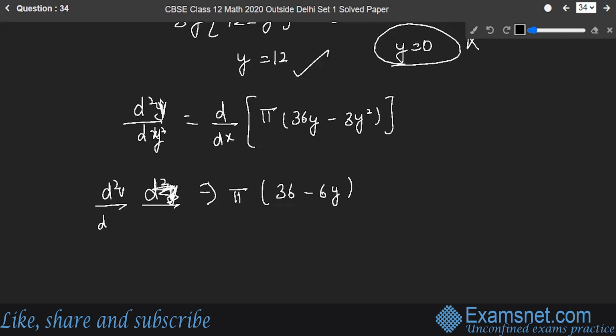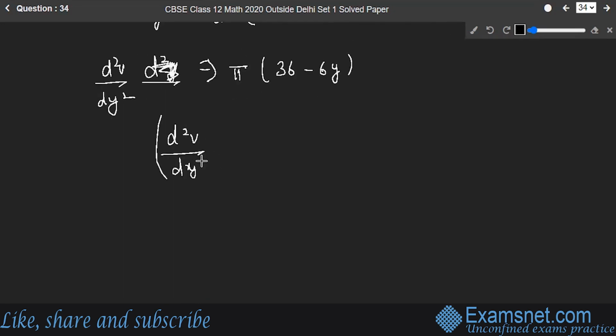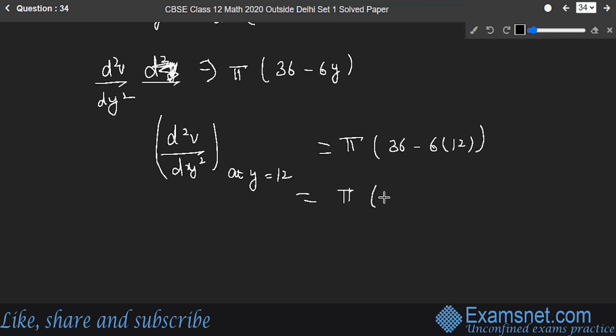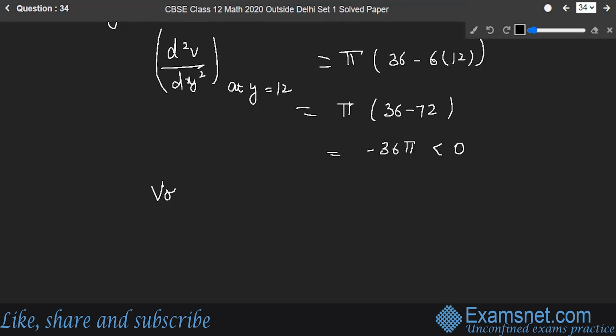Now, d square V upon dy square at y is equal to 12 is pi into (36 minus 6 into 12), which is equal to pi into (36 minus 72), which is minus 36 pi, right? That's, of course, a negative number. Therefore, volume is maximum when y is equal to 12.